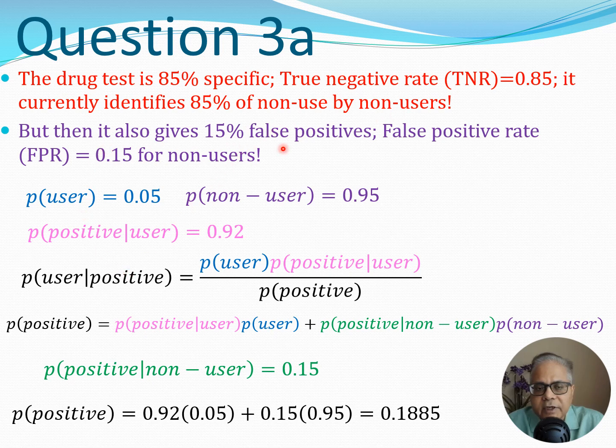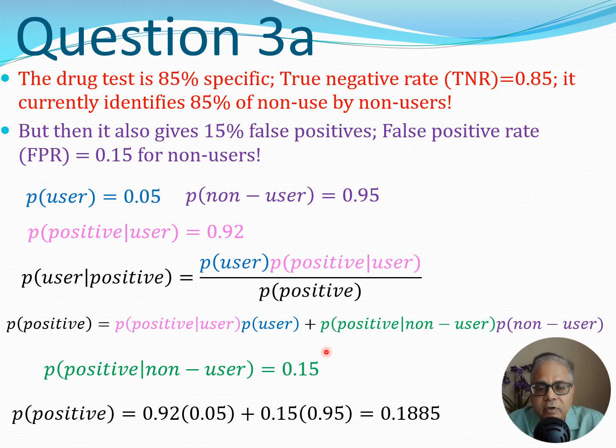And then the second is, of course, that it is 15% false positive, and so the false positive rate is 0.15. Now what we do is we have to use the law of total probability here to get P(positive). So P(positive) can be written as P(positive | user) times P(user) plus P(positive | non-user) times P(non-user).